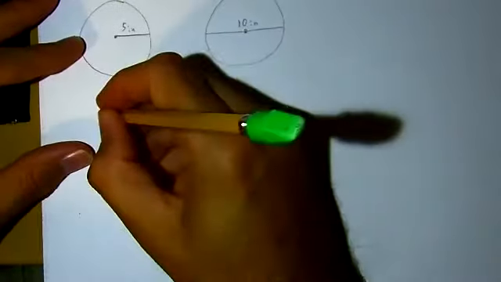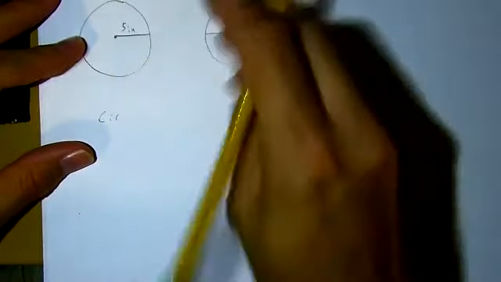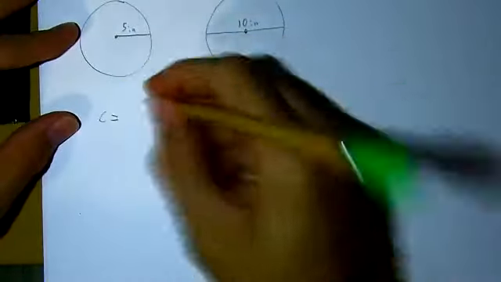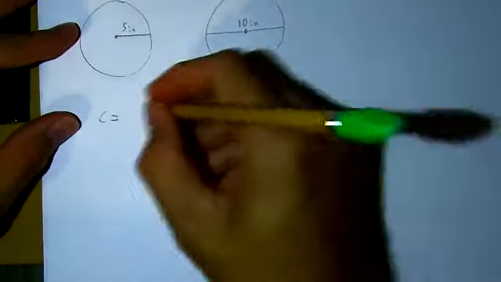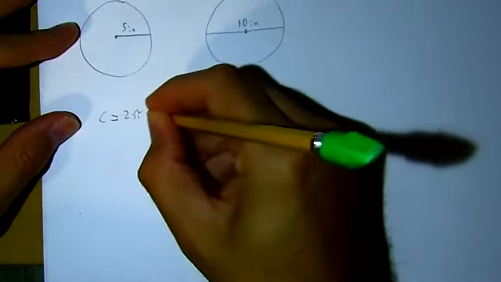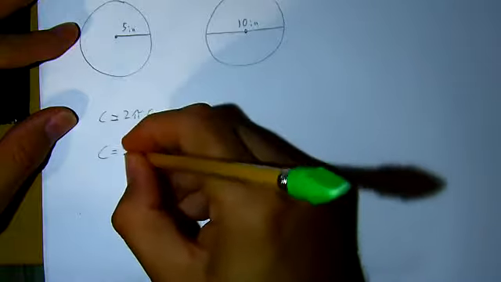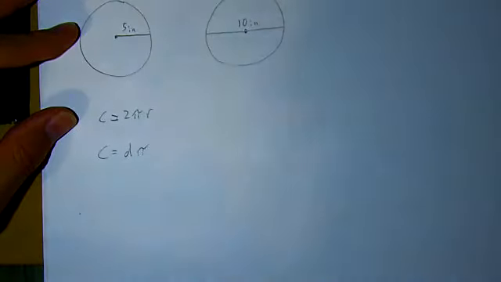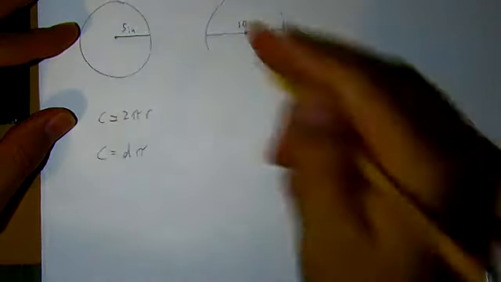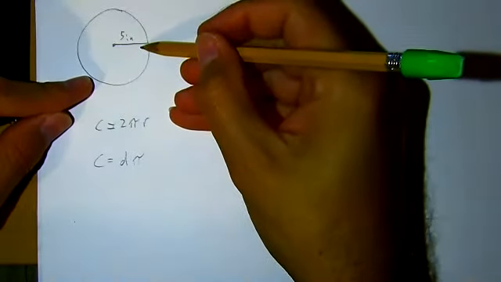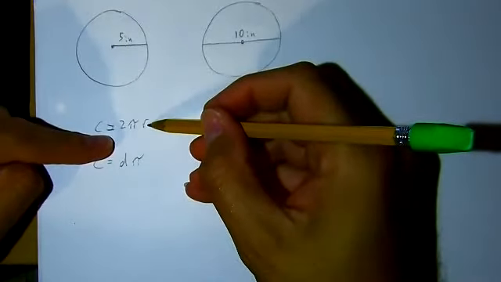So let's say they wanted you to find the circumference. You need this formula, 2 pi r, or you can use a different formula, diameter times pi. So if they gave you this, you would have the radius, so you would use this formula.